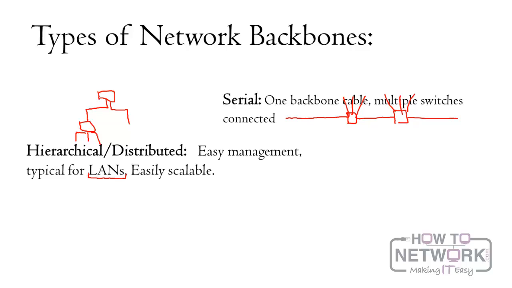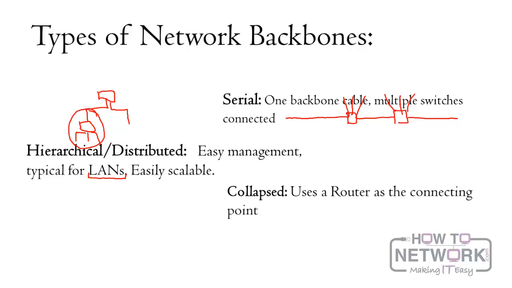It's much more easily scalable, as you can see, because I can update one part a lot faster. And in this case, the backbone is responsible for the traffic of the nodes on each branch. So we have different branches, and on each branch, the backbone is responsible for that, and that's how it gets a little easier. Now, a collapsed backbone uses a router as the connecting point.